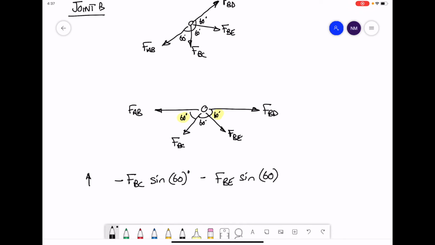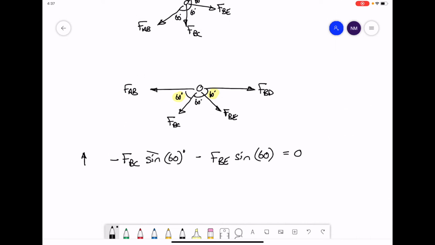For equilibrium, they must add up to give you 0. Sine 60 degrees will cancel from both sides.